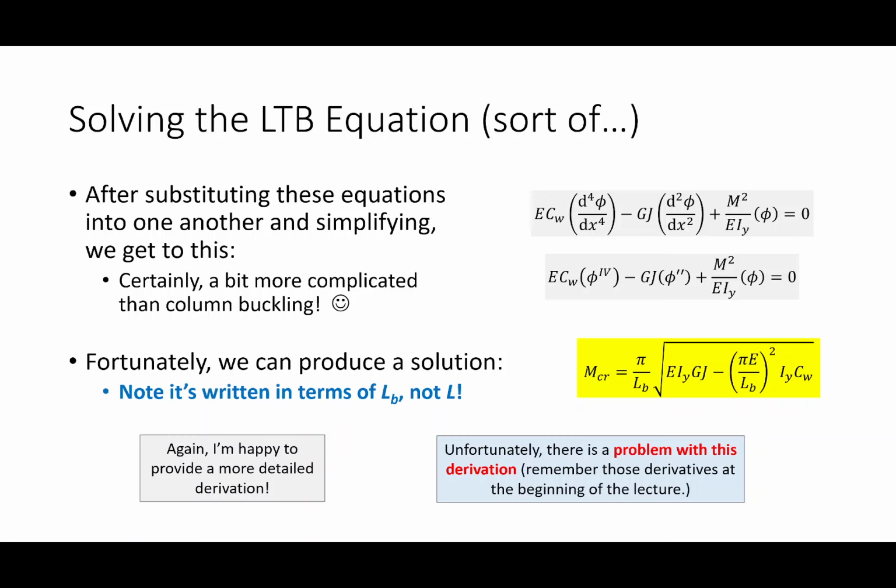So we have ECW times a fourth derivative, minus GJ times a second derivative, plus, and then we have M squared over EI, in this case EI_y, because it's deflecting laterally, times phi, is 0. Okay, so this is the differential equation that we want to solve.